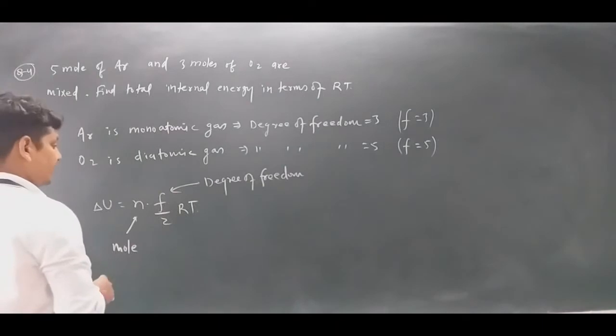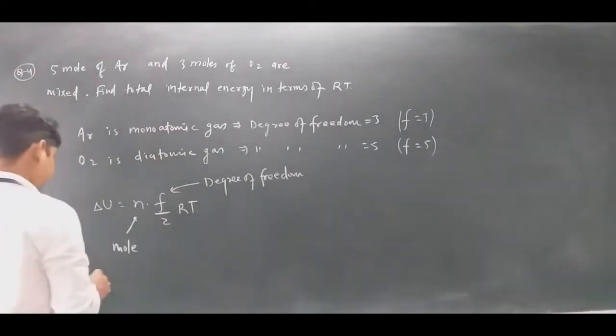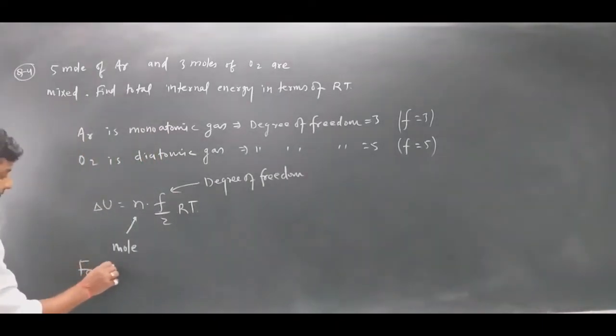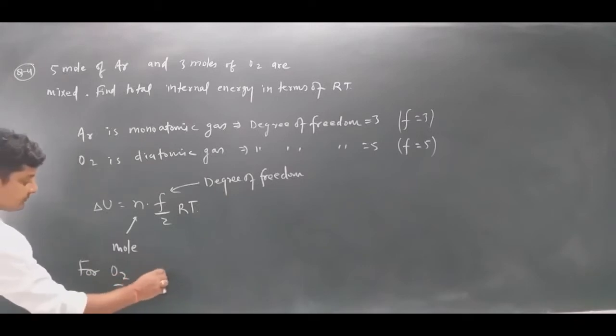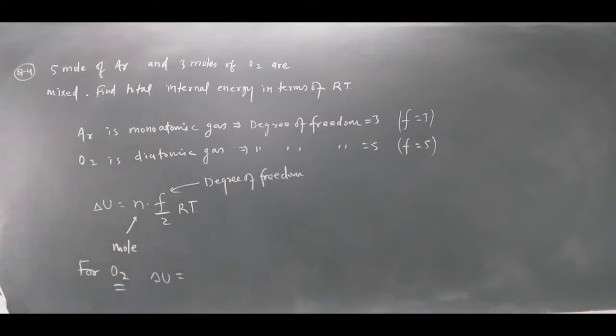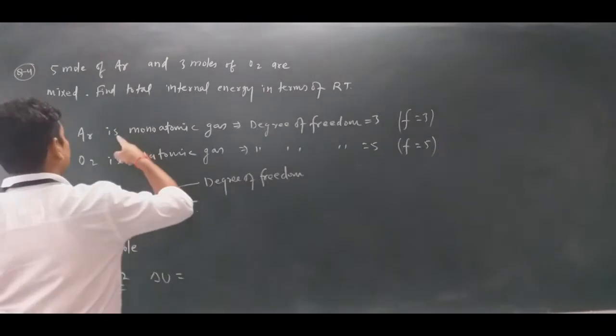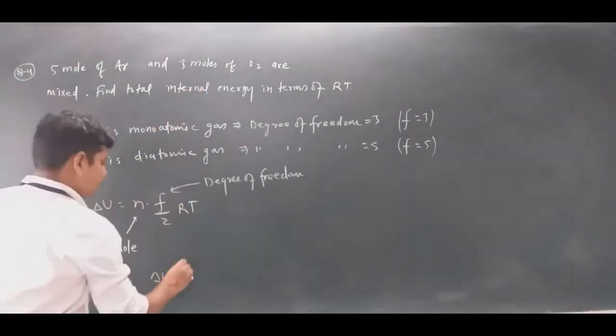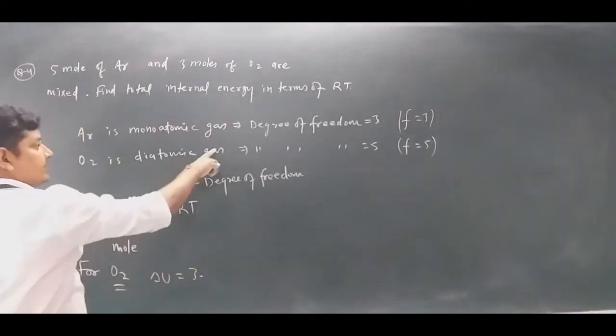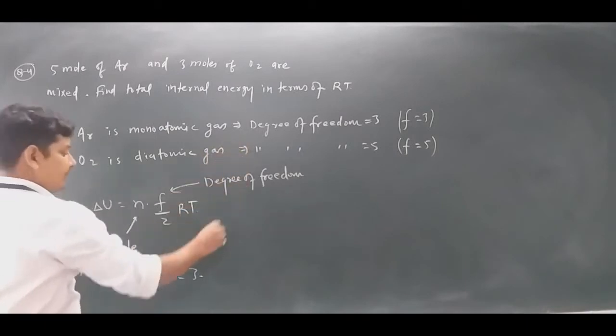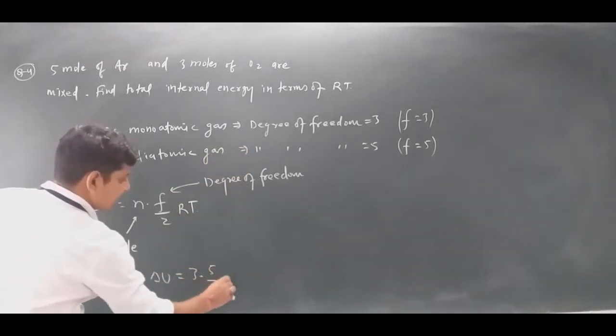So for oxygen, O2, internal energy will be what? How many moles of O2 are there? 3 moles of O2. So 3, and how many degrees of freedom are there? 5. 5 by 2 RT.